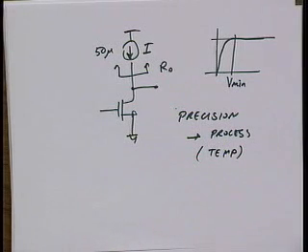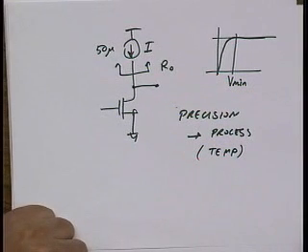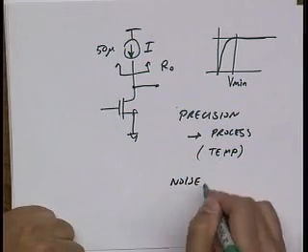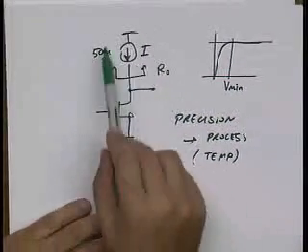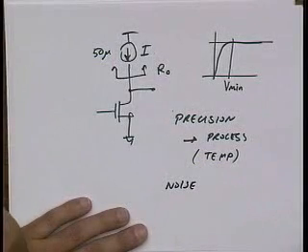Okay. What else would I like? What have we been talking about the past couple lectures? Noise. So we want good noise performance because clearly this current source is going to add noise to this amplifier. In fact, you did this for your homework.